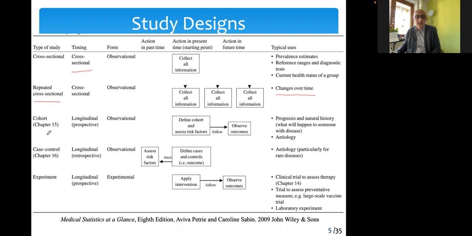One important study design is the cohort type. The cohort study is classically known as the prospective study design. That means forward in time. You have some people, a population, and you follow them up throughout the future.